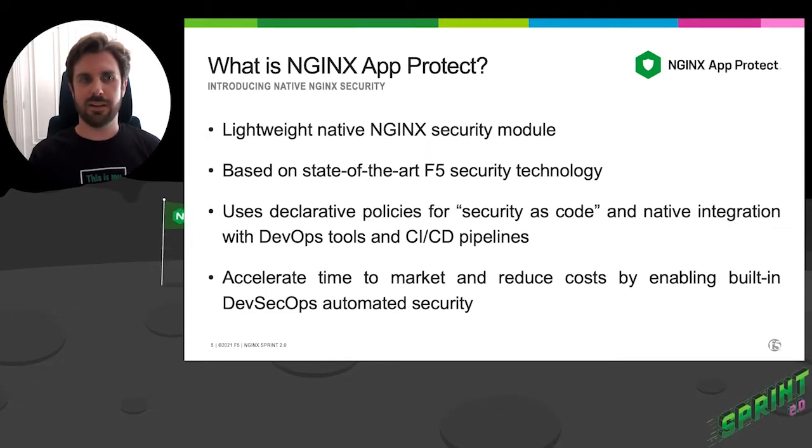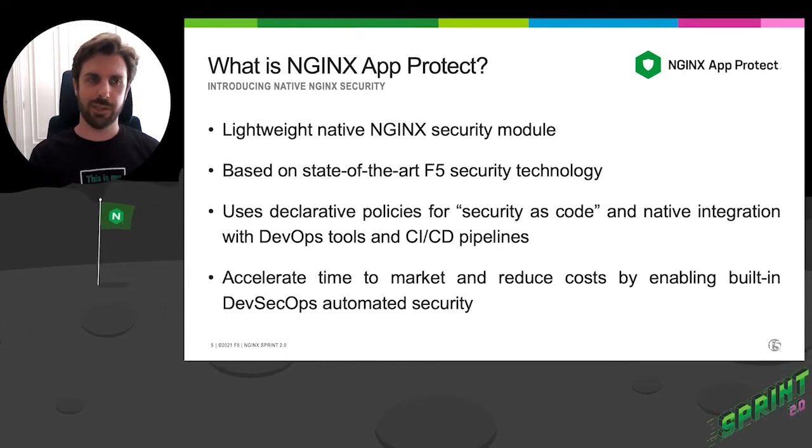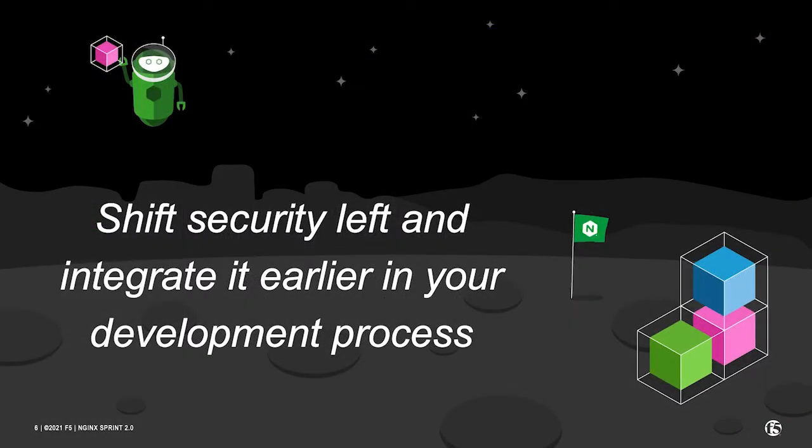This means that NGINX App Protect accelerates time to market and reduces costs by enabling built-in DevSecOps automated security. With NGINX App Protect, you can shift security left and integrate it earlier in your development process.